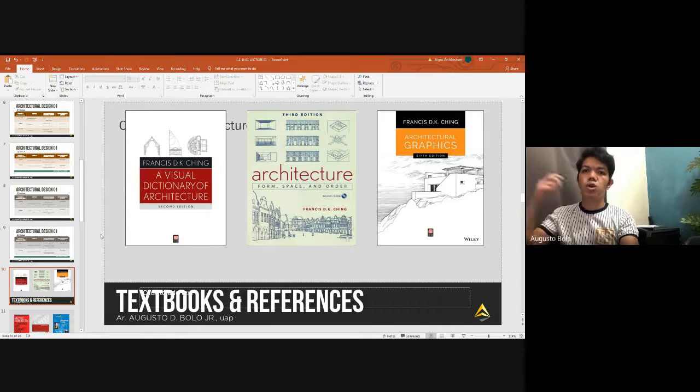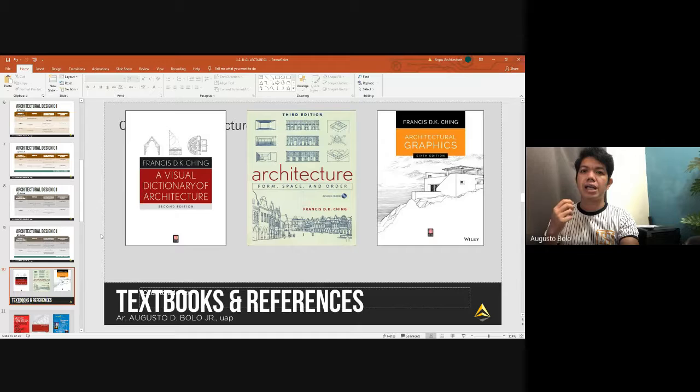Very important to me for first year, number 1, we need the book in the middle: Architecture, Form, Space, and Order by Francis D. Ching. It's important for us to have it. Even e-books are okay with me. Also, if you can download the Visual Dictionary of Architecture, at least the 2nd edition, that's okay too.